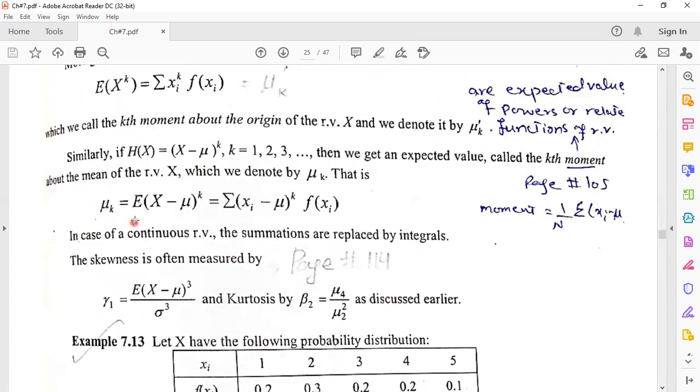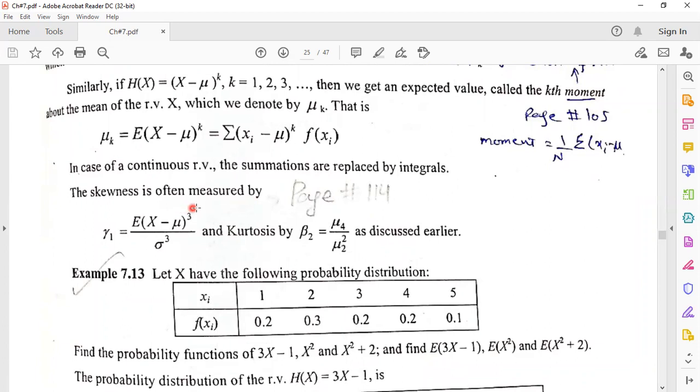That is mu k equal expectation of X minus mu whole power k equal summation xi minus mu power k f of x. In case of continuous random variable, the summations are replaced by the integrals.